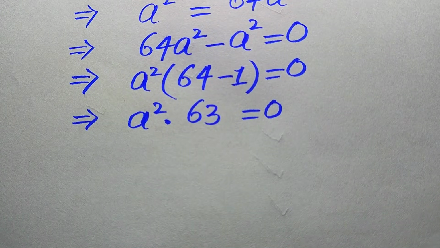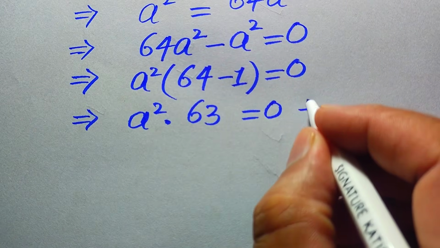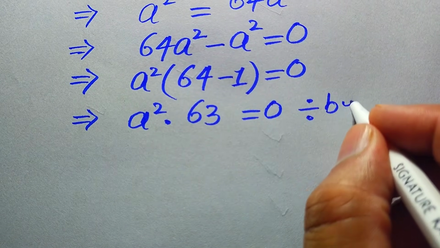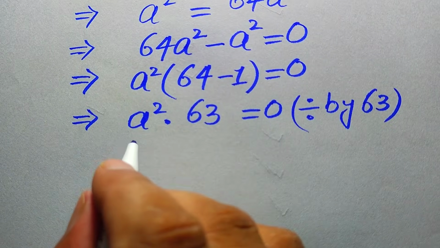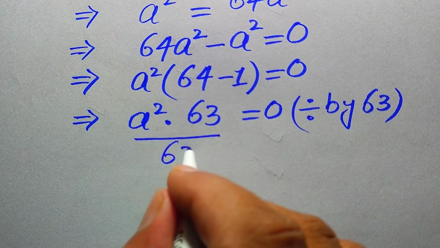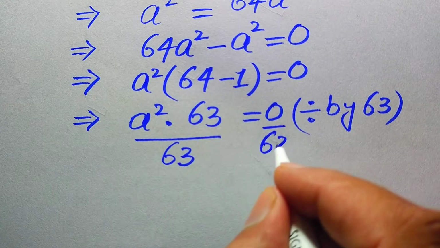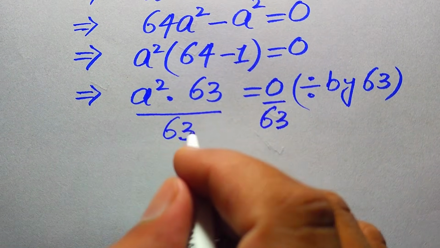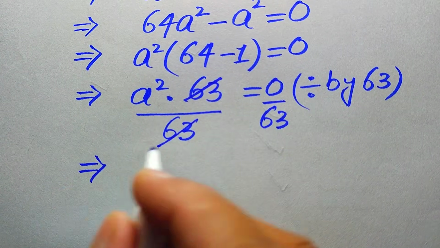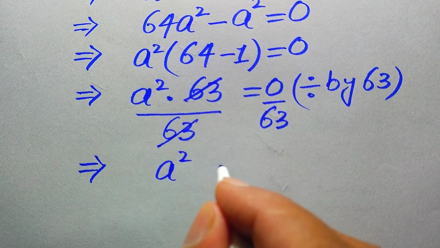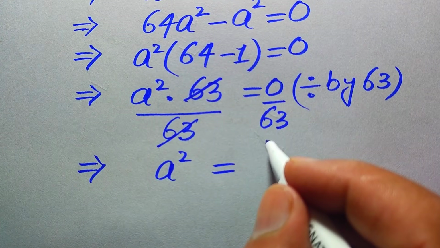Here our target is to get the values of a. So for this we remove the 63 from the left hand side by dividing both sides by 63. When we divide by 63 we get a squared times 63 divided by 63 is equal to 0 divided by 63. This 63 and this 63 are cancelled out by each other, and we get a squared is equal to 0 divided by 63.